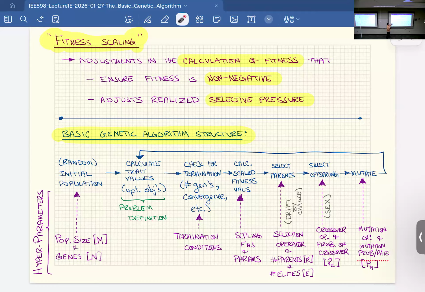Theoretically this is artificial selection, but the idea is that we're imagining nature is like the optimization objectives that are getting calculated and pushing these things around. So whenever we say selection, we're mimicking natural selection.